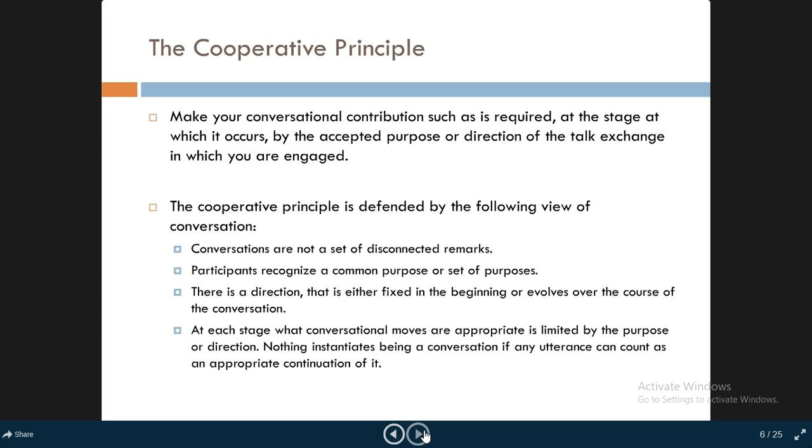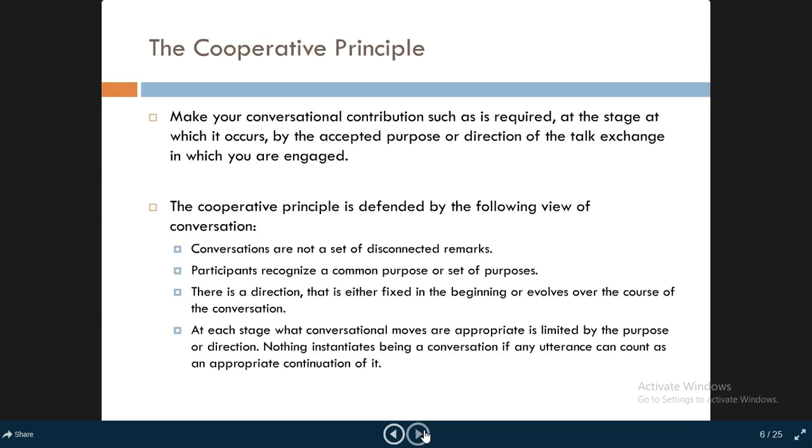The cooperative principle: make your conversational contribution such as is required, at the stage at which it occurs, by the accepted purpose or direction of the talk exchange in which you are engaged. The cooperative principle is supported by the following view of conversation. Number one, conversations are not sets of disconnected remarks.